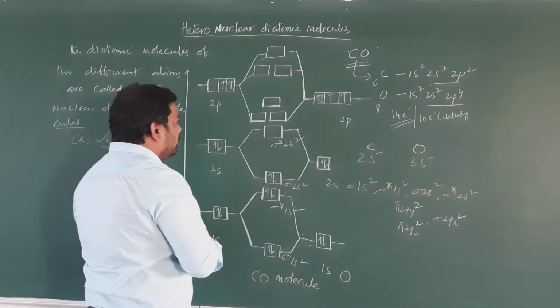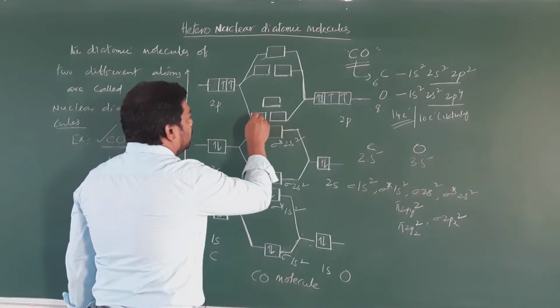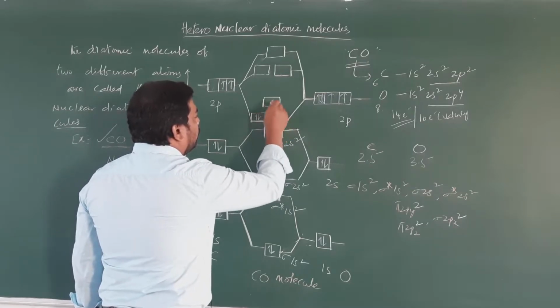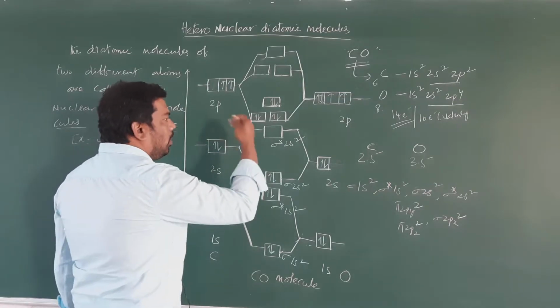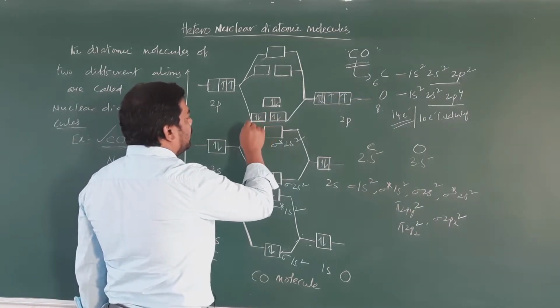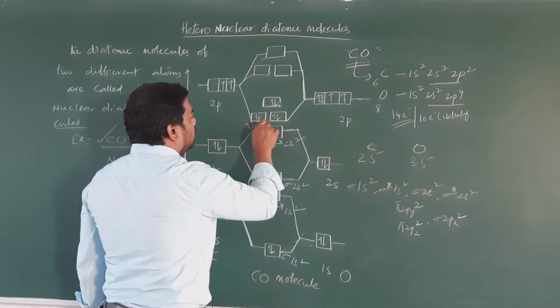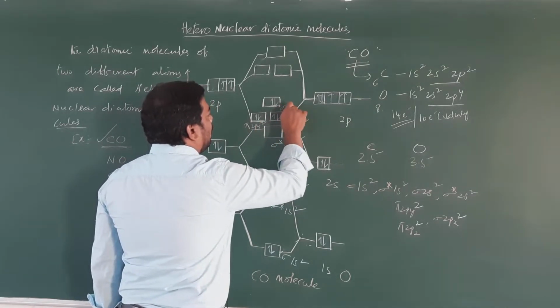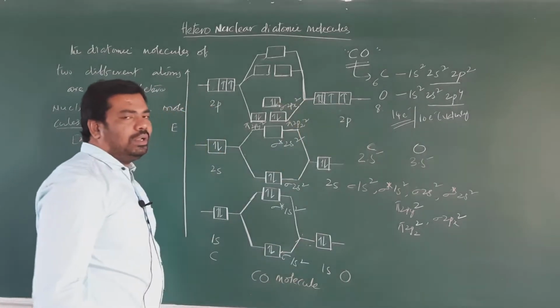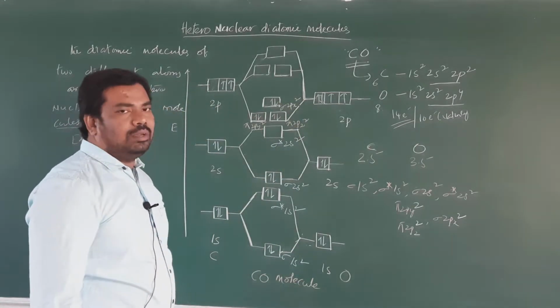You can see the 6 electrons, 1 2 3 4 5 6, placed into the bonding molecular orbitals: pi 2py2, pi 2pz2, then sigma 2px2.